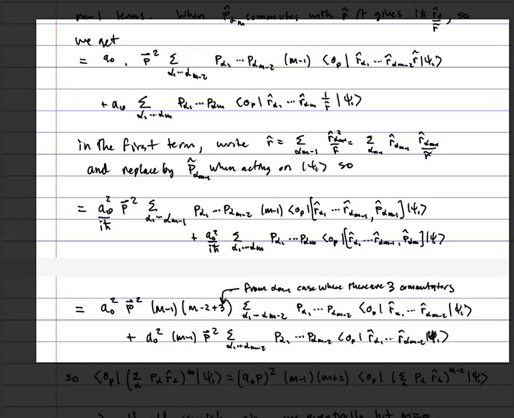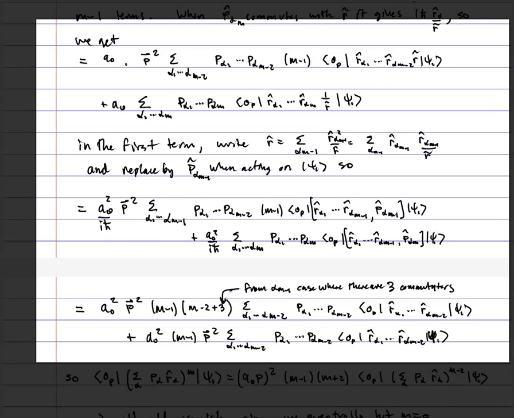I'm going to get m minus 2 plus 3 of these objects. I'll have a sum alpha 1 out to alpha m minus 2 of the r alpha out to r alpha m minus 2, multiplying the psi. And then when I look at the second term, I'm going to get an a0 squared and m minus 1 times p squared. M minus 1 is from all the different terms that I have.